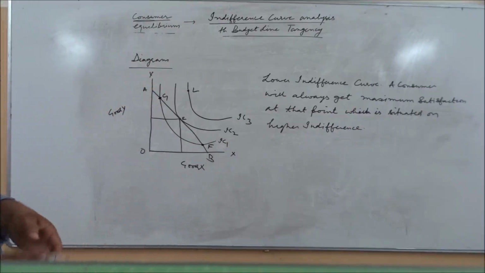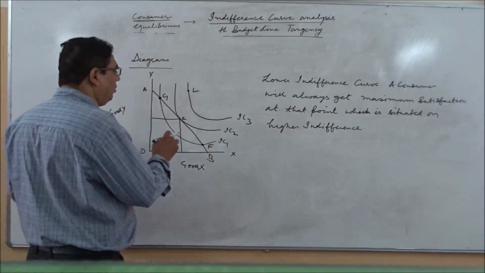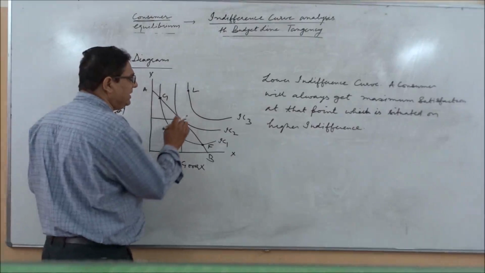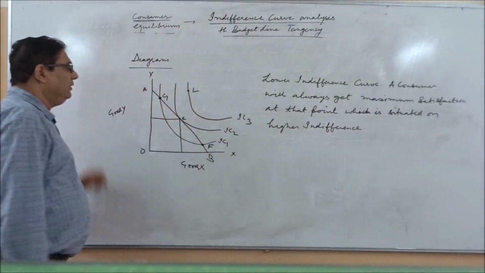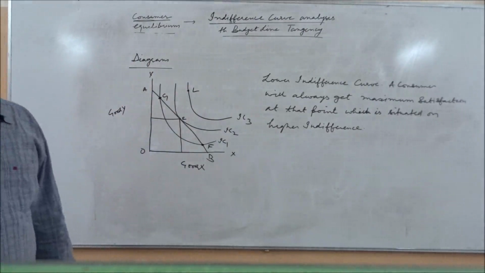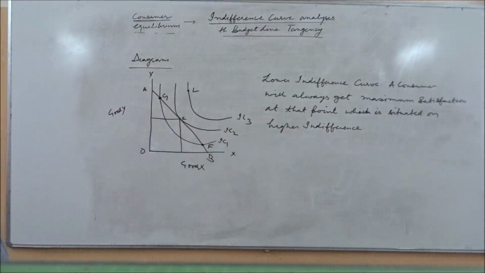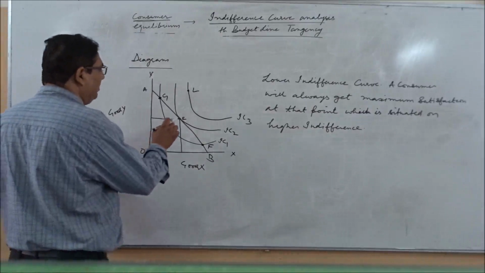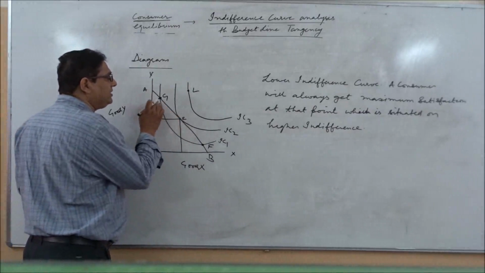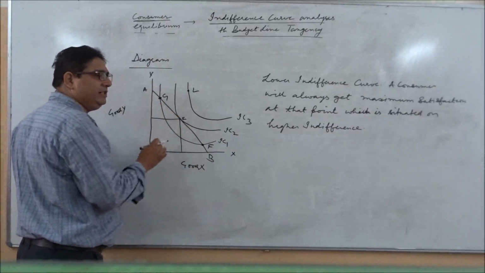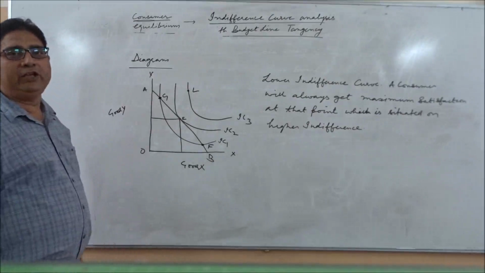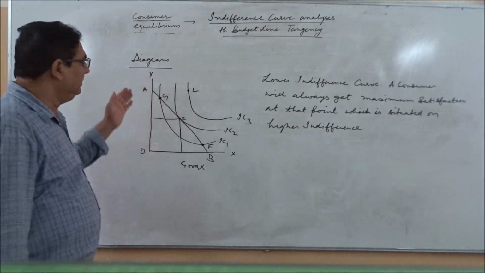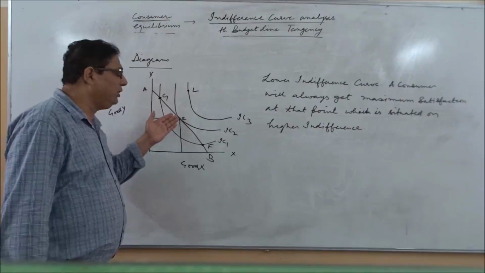So my dear student, the most favorable point for consumer equilibrium is E point, which is on IC2, which is just touching the budget line, and at E point a consumer should stay. If he stays at G point, he will not maximize his satisfaction, then he has to move from G point to E point.